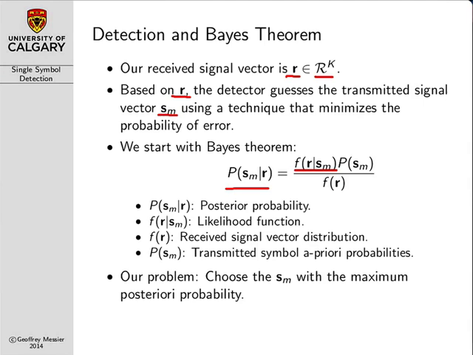And so you can think of the likelihood function as basically a histogram where we feed in a known signal and then we create a histogram of the variation that we see at the output of our receiver due to noise. And so we create a likelihood function for signal vector S1, another for signal vector S2, S3, and so on, until we've got likelihood functions for all of our possible transmitted signal vectors.